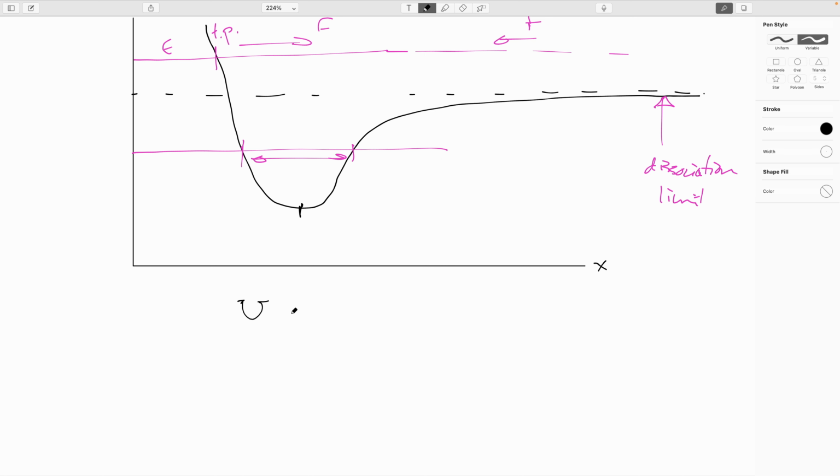So it turns out that in this model, the potential energy is 4 epsilon, which is just a number, times sigma, which you interpret as being the molecular size, over r to the 12th power minus sigma over r to the 6th power, thus the 6-12 name.